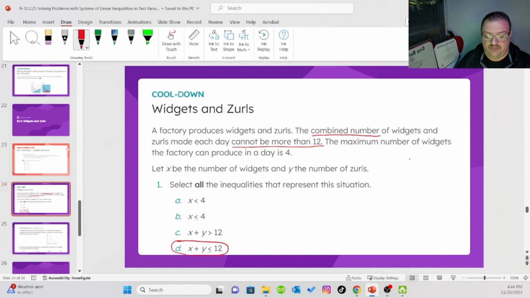Then the maximum number of widgets is 4. Widgets is X, so X can be less than 4. It can be exactly 4. It just can't be more than 4. So B and D are solutions to this one.